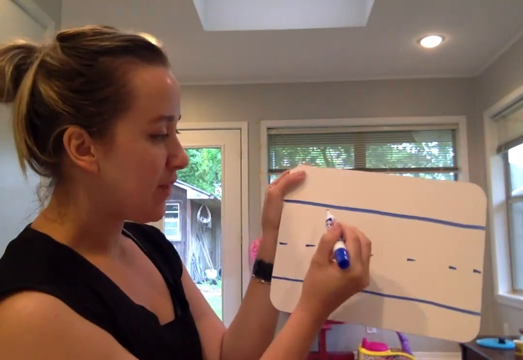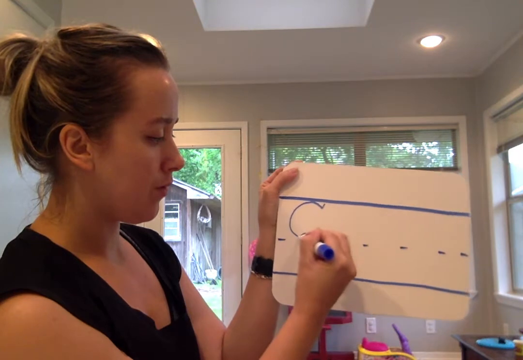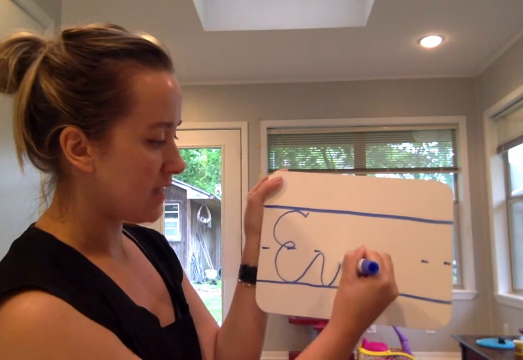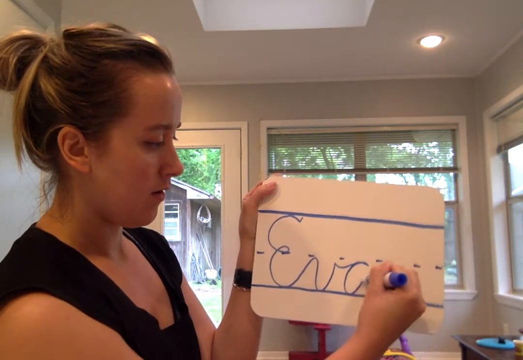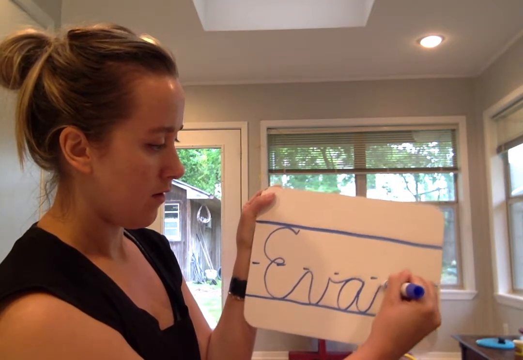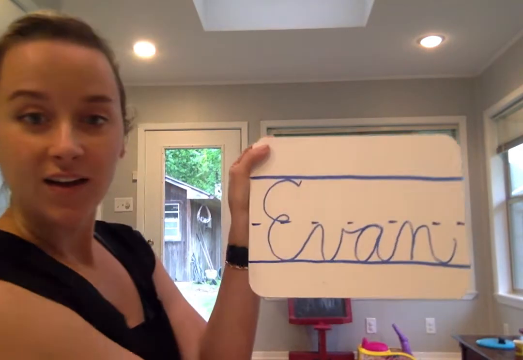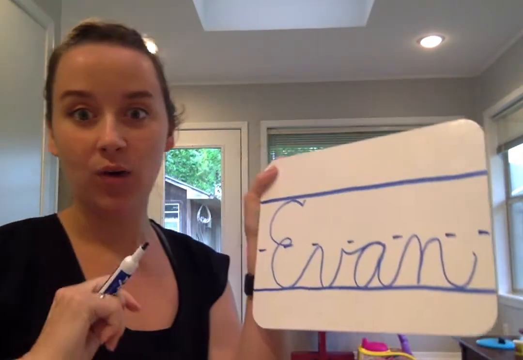So I do my tick mark, I come here, a little loop-de-loop, and then I'm going to connect to my V, and my V has that awkward arm, and then you connect it to your A, and then an N has 2 humps. Evan. Okay, so you try that while I erase, and now we're moving on to the letters M and N.